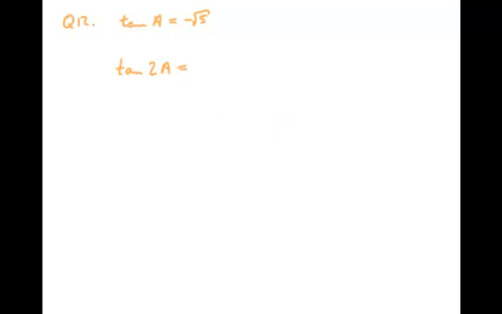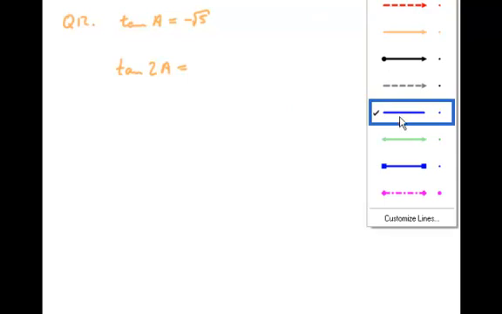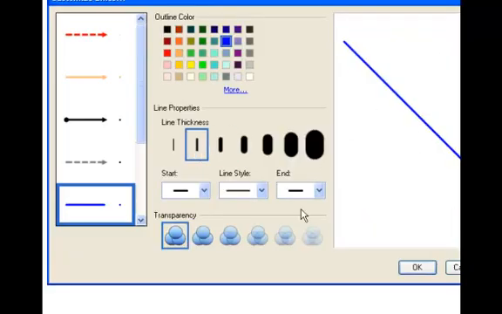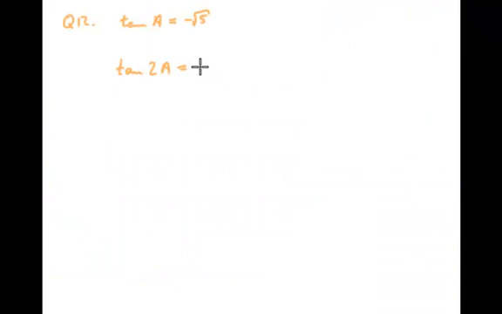Again, I need that fraction bar, and maybe I should make this a thinner line. There we go. Alright, and then it says 2 tangent A over 1 minus tangent A squared. And then I plug in the numbers.